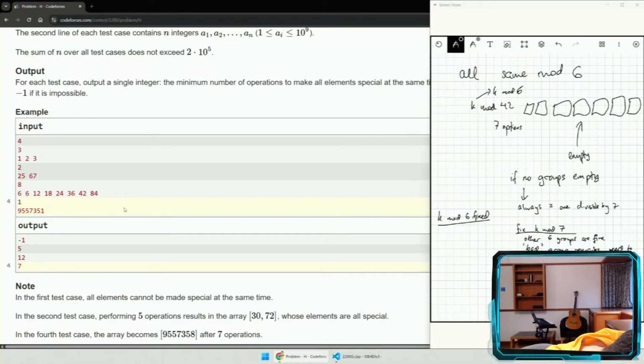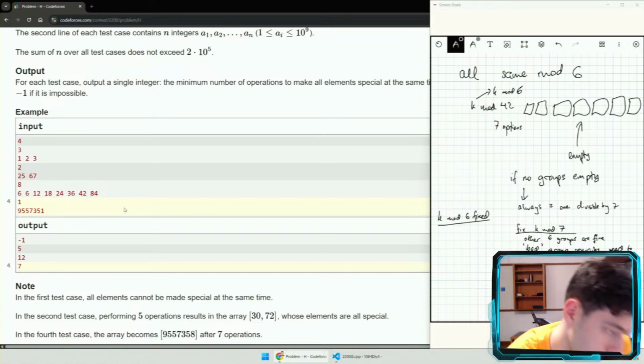So numbers should be the same mod 6 squared. Now I know k mod 6 squared, and we group the numbers based on their modulo.